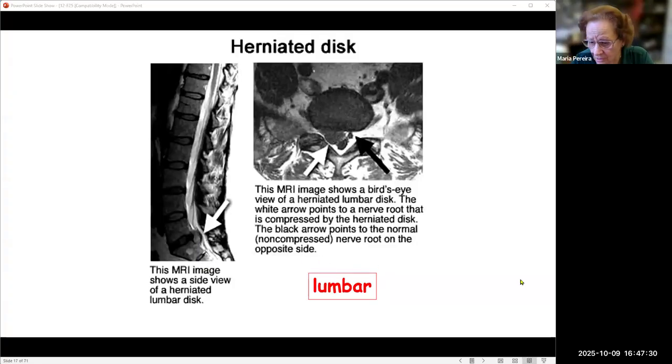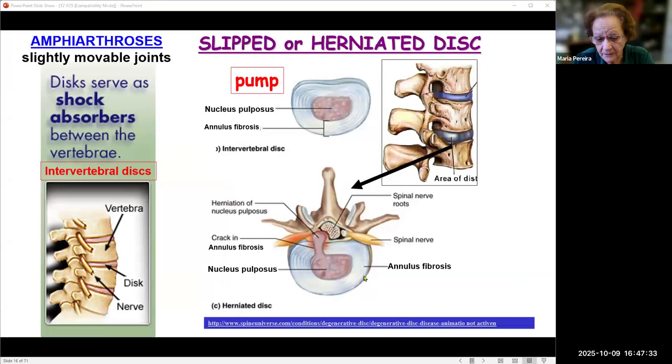Unfortunately, the liquid in the nucleus pulposus is not like the synovial fluid. It's not a dilatant fluid. It would be a great idea, right? If you could design a new organism, that would be a good thing to do: have the fluid in the nucleus pulposus change its viscosity depending on the pressure that is exerted on it.